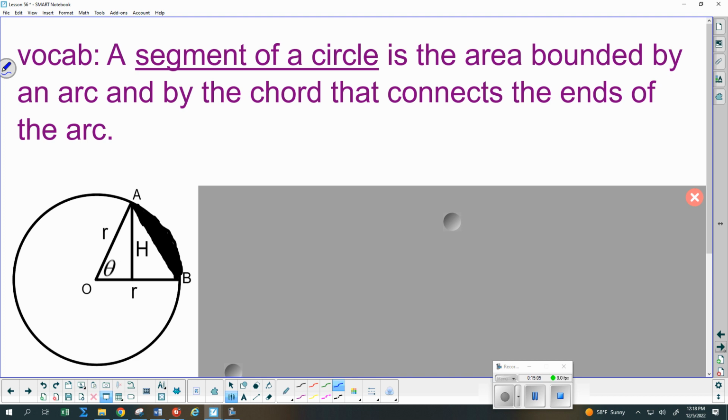We're only going to talk about segments when the angles are between 0 and 180 degrees or between 0 and pi radians. If it were an obtuse one, we would have a much fatter looking segment of a circle. If we had an obtuse angle and connected those 2 points, do you see how that segment would be quite a bit fatter?